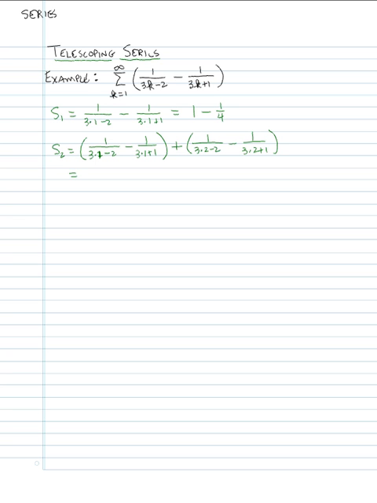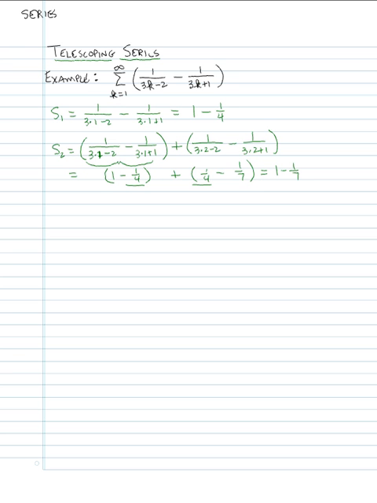We already saw what the first part gives us: it was 1 minus 1/4. When we calculate here, we'll have 1 over 6 minus 2, which is a 1/4, subtract 1 over 6 plus 1, which is a 1/7. And notice what's going to happen. These two terms are going to cancel out. So we end up with 1 minus 1/7.